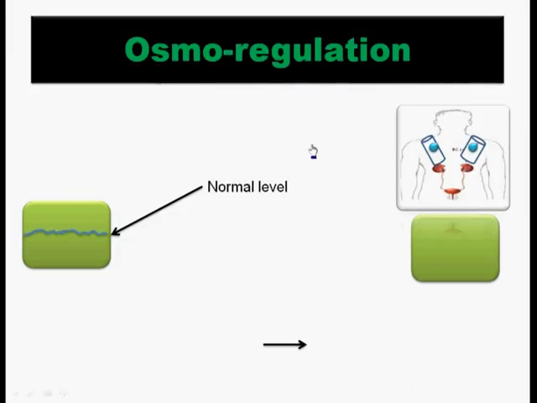Now we're going to continue looking at osmoregulation. Now, before you saw when too much water was inside the blood, and what the ADH did, the ADH caused a lot of that water to be absorbed by the kidney and then passed out of the body.